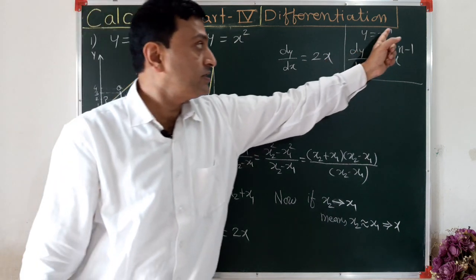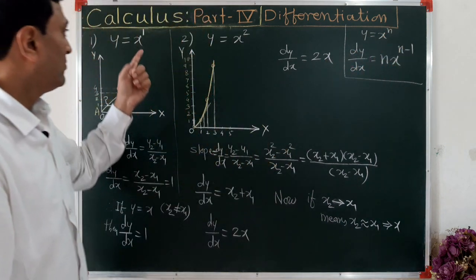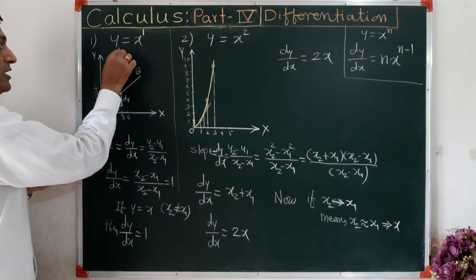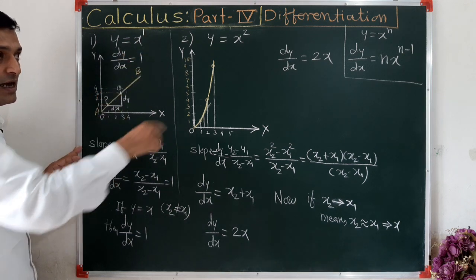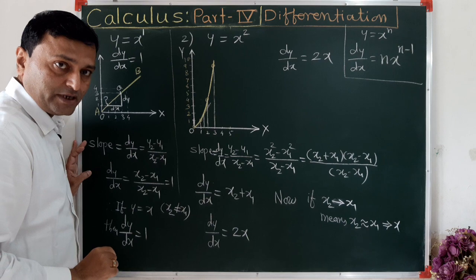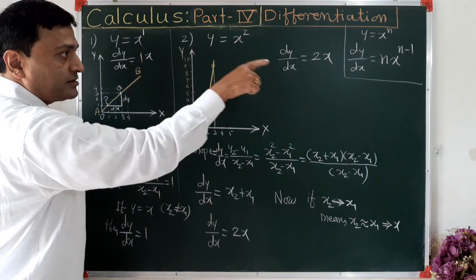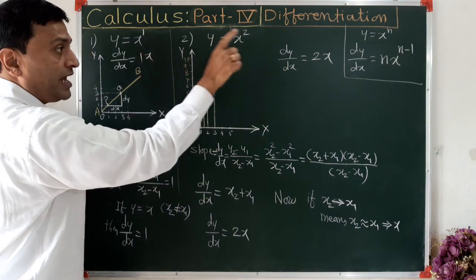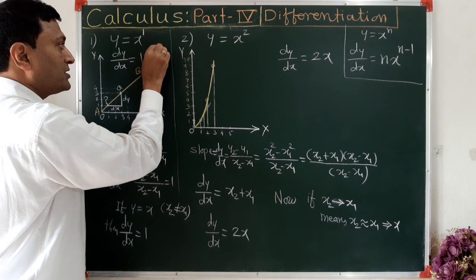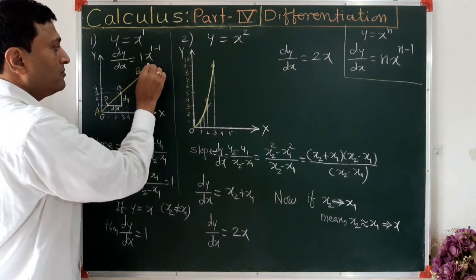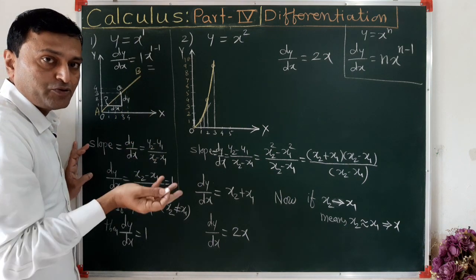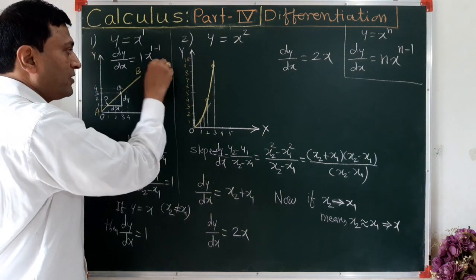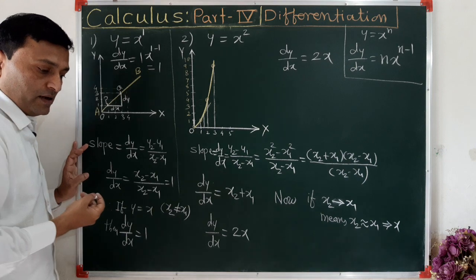By shifting this n here, by formula you can write dy by dx as n, x as it is, and this n minus 1, you have to write 1 minus 1. Means the answer is x raised to 0 into 1. x raised to 0 is 1. Means the final answer is 1.